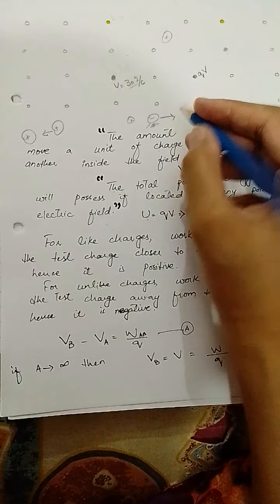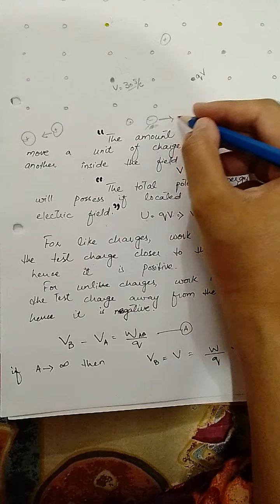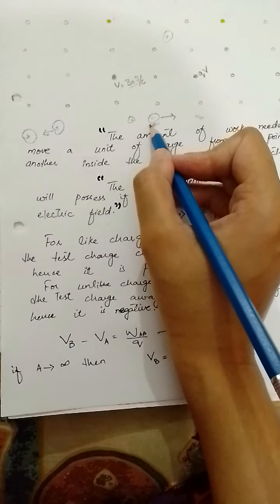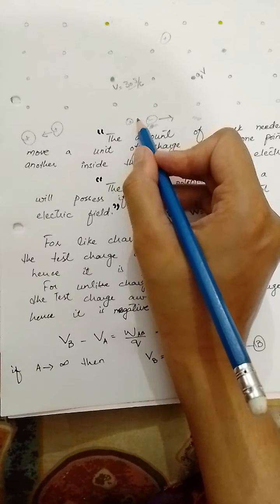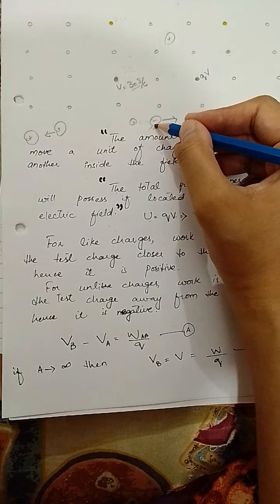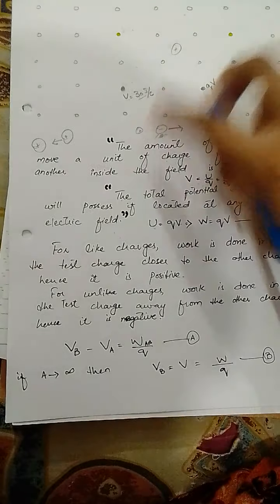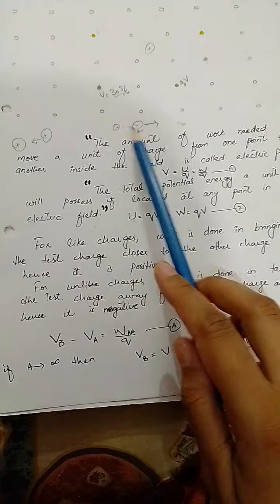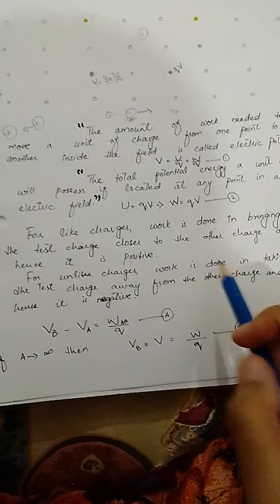So we have to apply work in taking this charge away from the positive charge. Obviously and naturally this negative charge will try to just go towards this charge, but we have to provide work to pull it back from the positive one. Okay, so in the case of opposite charges, the work done will be negative.